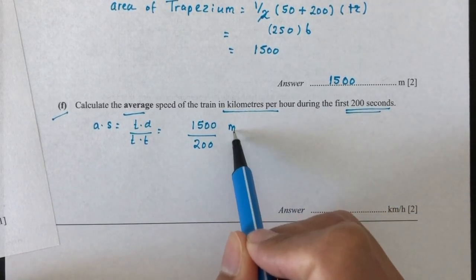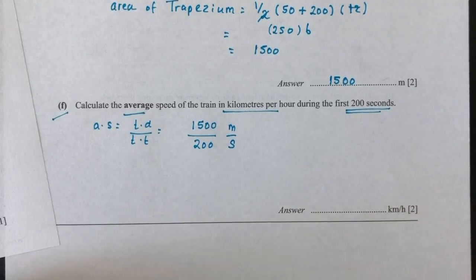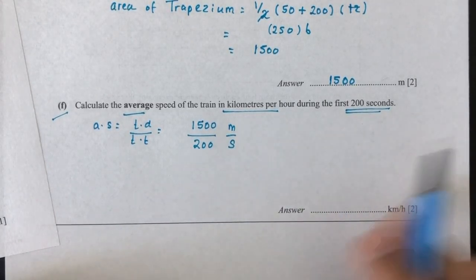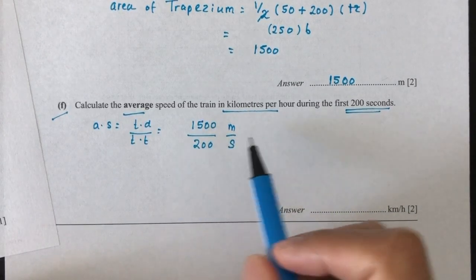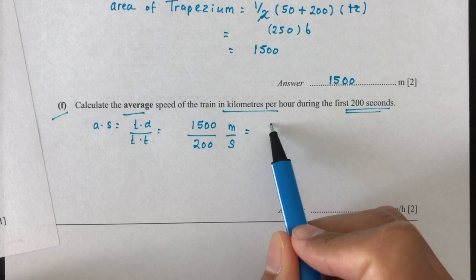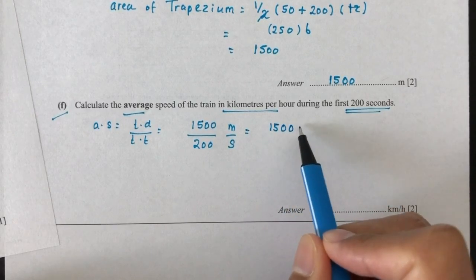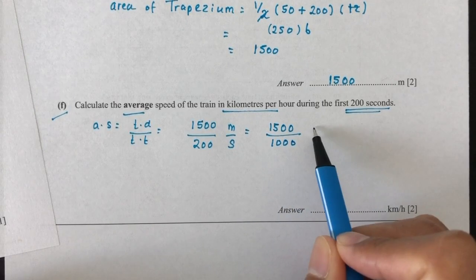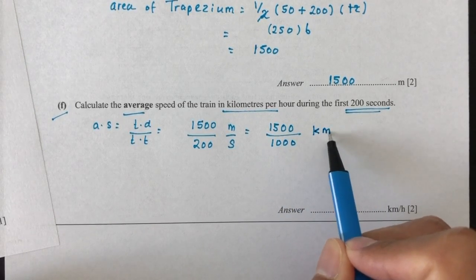This is in meters per second. So we have to convert this to km, so you have to divide by 1000 to make it km.